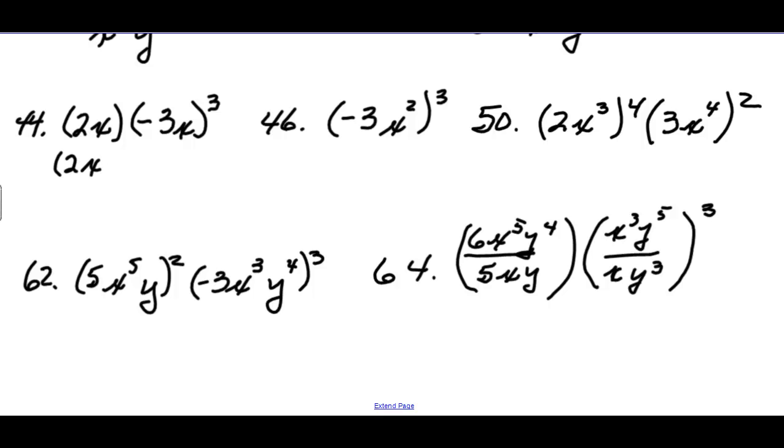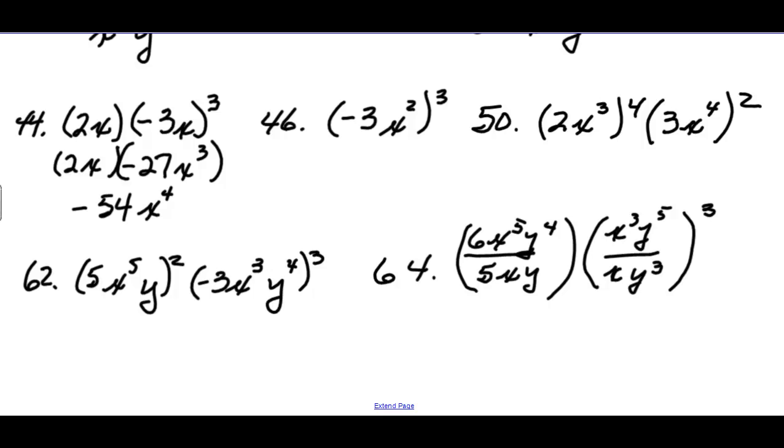But now, negative 3 times negative 3 is a positive 9, times negative 3 again makes a negative 27, and then x cubed. Now when we multiply those two together, 2 times negative 27 gives us a negative 54, and we just add the exponents. We have 1 in the first term for that first x, 3 more for the x cubed, that makes it x to the 4th.